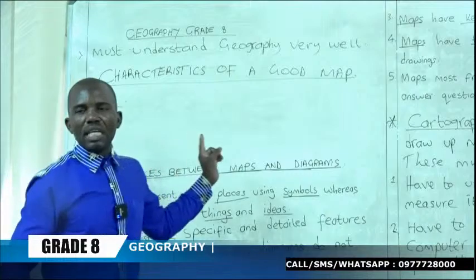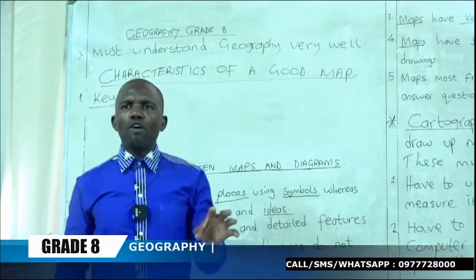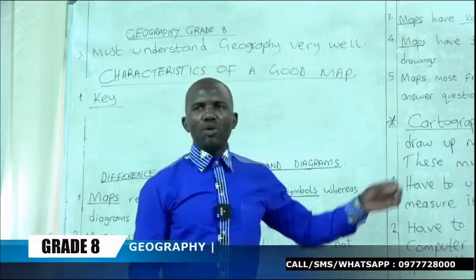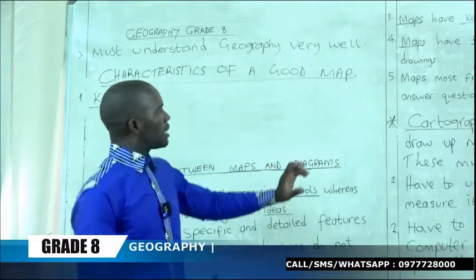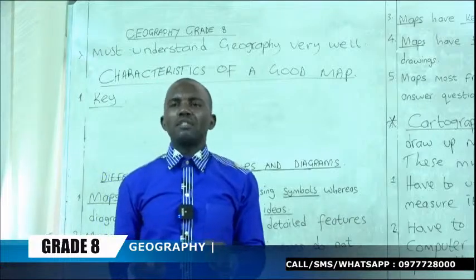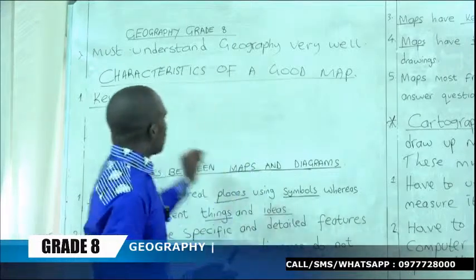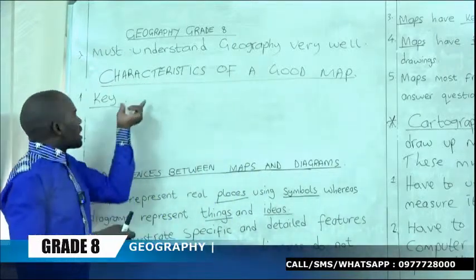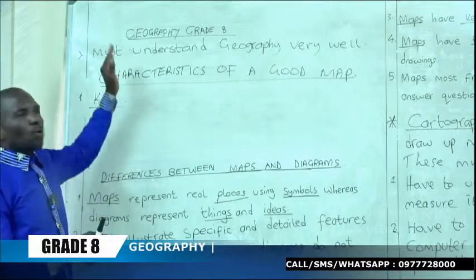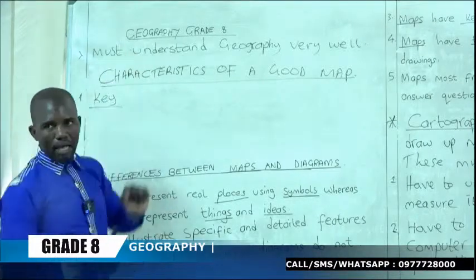This key is a list of names of all the symbols and their meaning found on the map. Because as I said earlier, each map has a specific purpose. So a map must always have a key, especially on its top left corner.